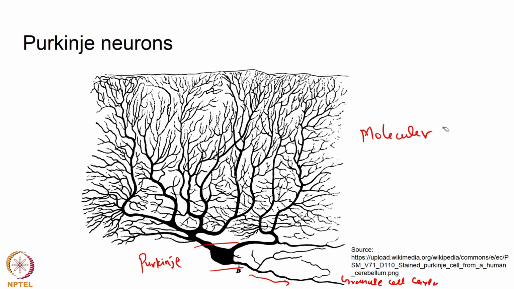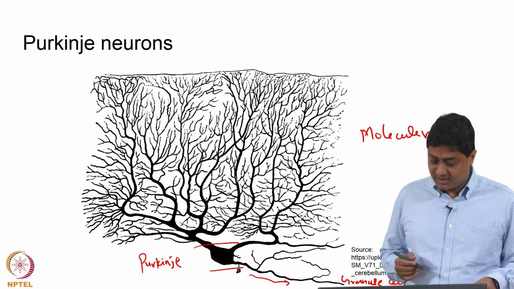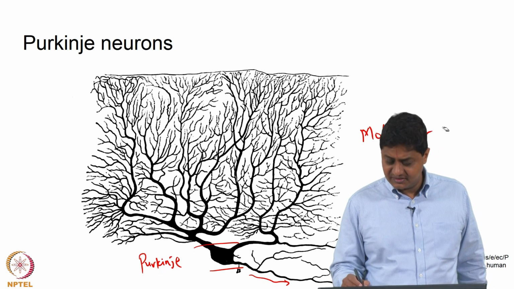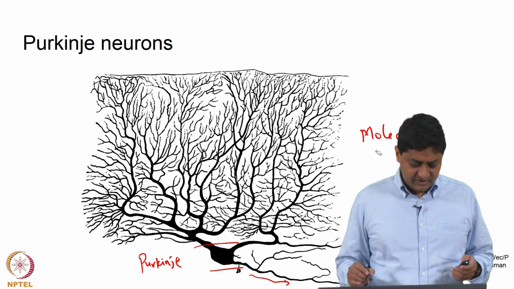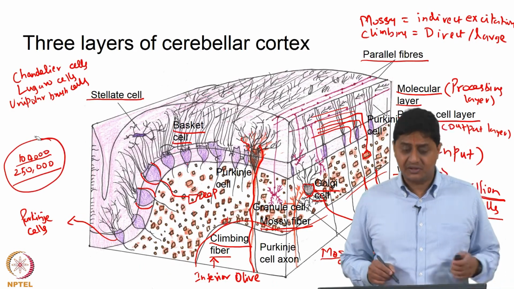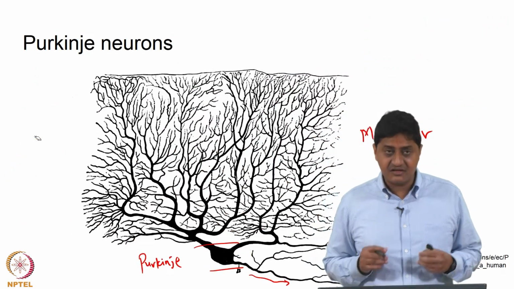Look at the dendritic tree structure. This is a relatively small Purkinje cell with a small number of dendrites, at least a smaller representation for illustration purposes. We said that this has a relatively large number of dendrites, anywhere between 100,000 to 250,000 dendrites.